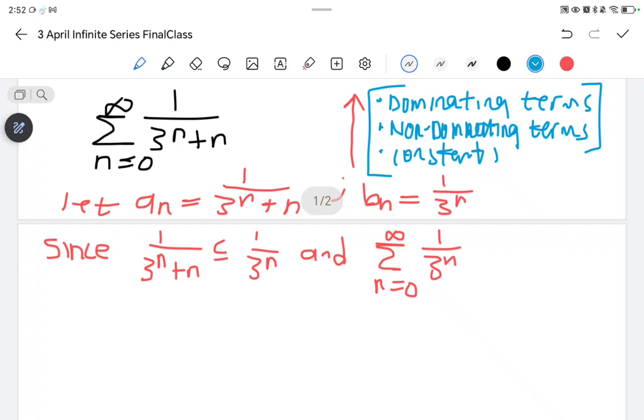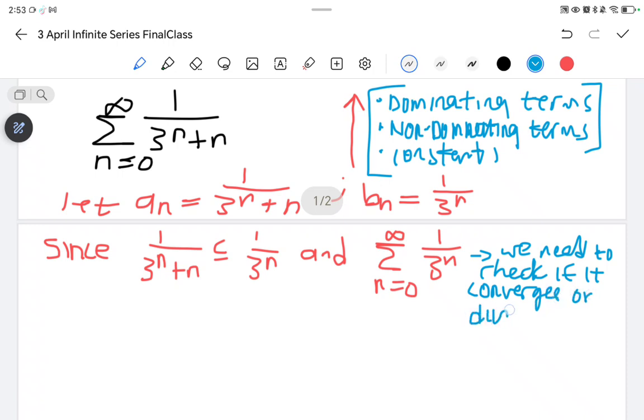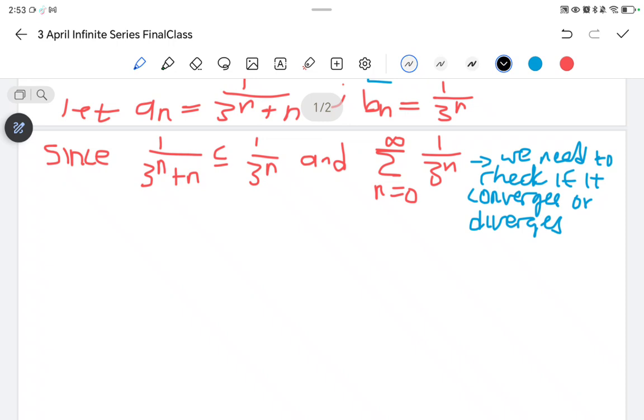So here we need to check if it converges or diverges. You see, right? So for us to check this, now let's check whether this thing diverges or converges.